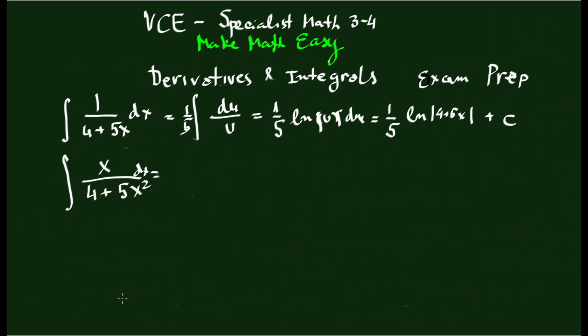So what will happen if, instead of this x, go back to 1, and instead of plus here, we start doing minus? We're going to do minus 5x squared.